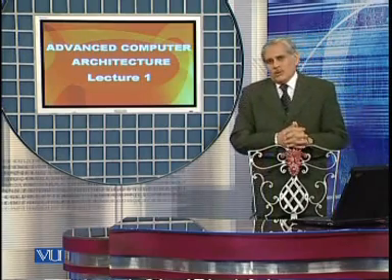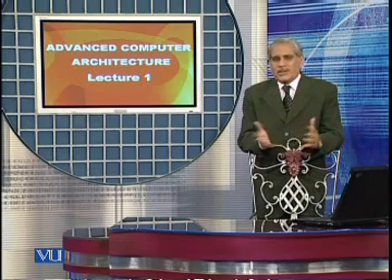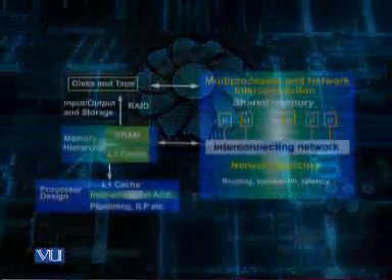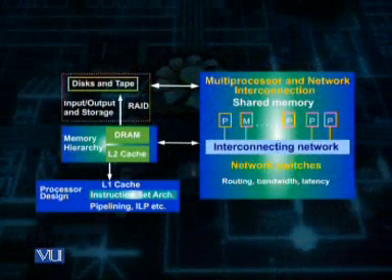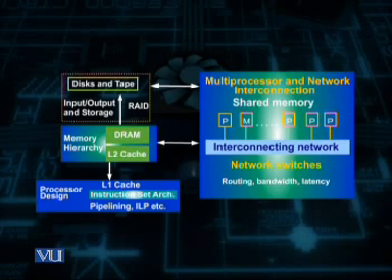Then once we know how the processor has been designed, how the memory has been developed and the different parts in the memory hierarchy and their interconnections, then the I/O storage devices, the most important part comes when we are interested in interfacing more than one processor together and designing a massively parallel processing system.